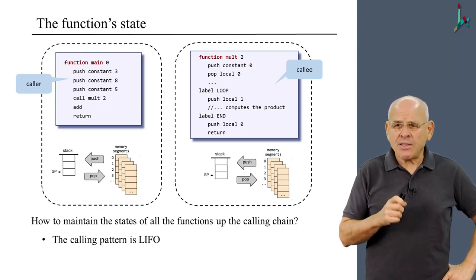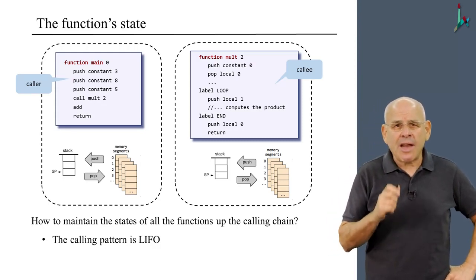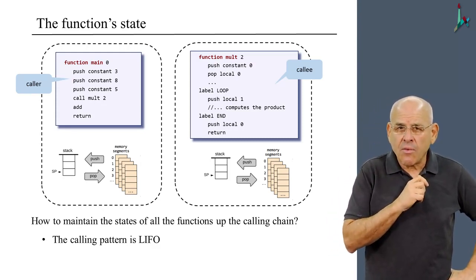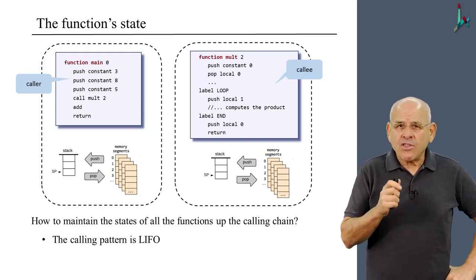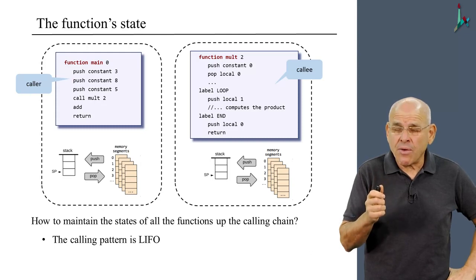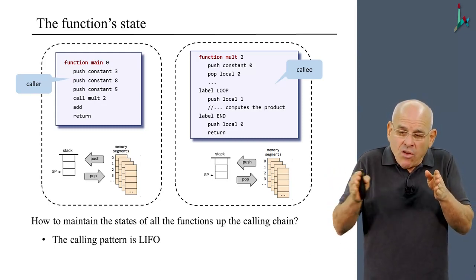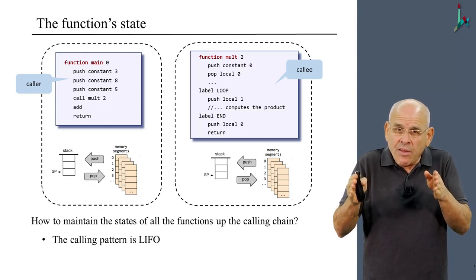And the observation is that the calling pattern is LIFO, which stands for last in, first out, right? The only function that can return is the function which is currently running, right? Which is the function at the end of the calling chain. And all the other functions are waiting for it to return.